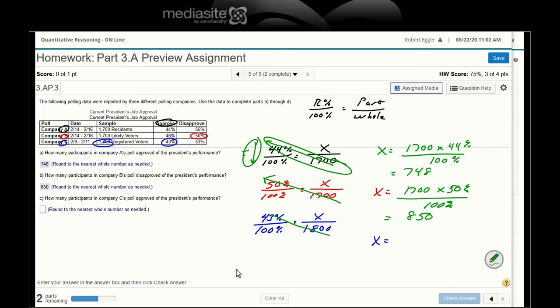So again, multiply, divide, and use my calculator. I get 774.